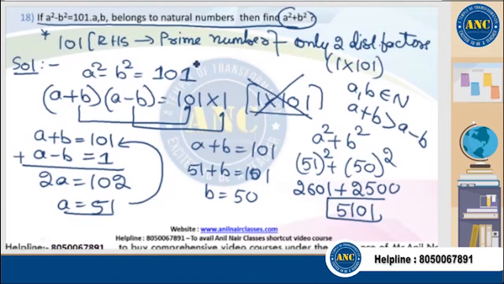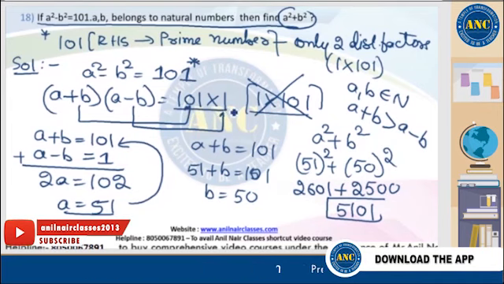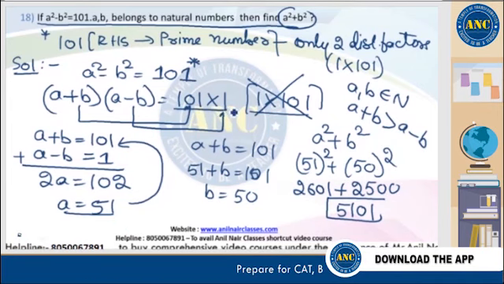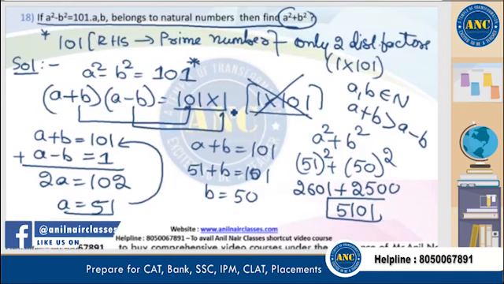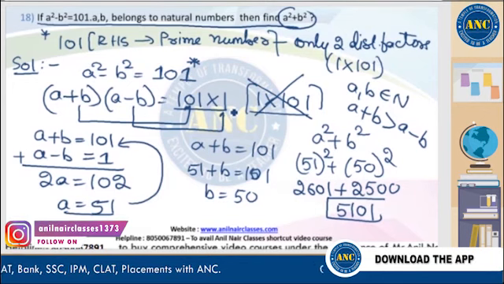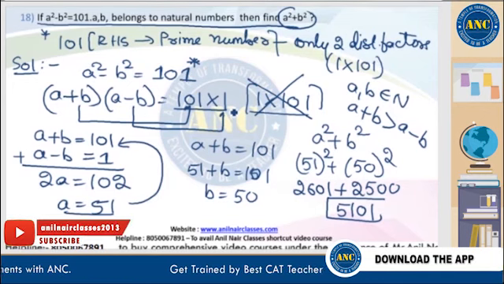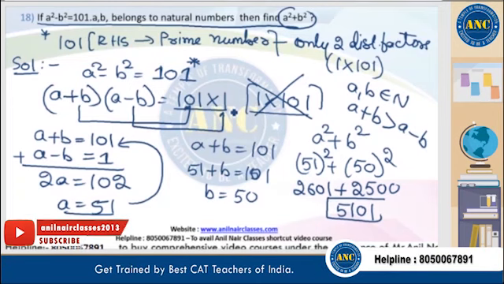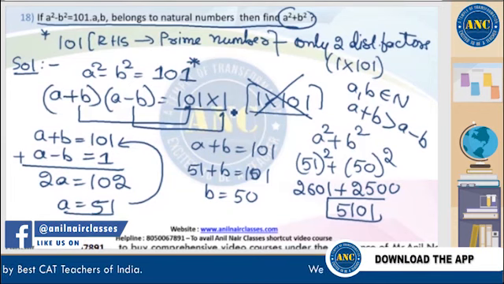The idea behind the question is the right hand side is a prime number. A prime number will have only two distinct factors, and the two distinct factors are 101 into 1. (a plus b) into (a minus b) is 101 into 1. A plus b is 101, a minus b is 1. If I add both the values, I will get a value 51 and b value 50 if I substitute it.